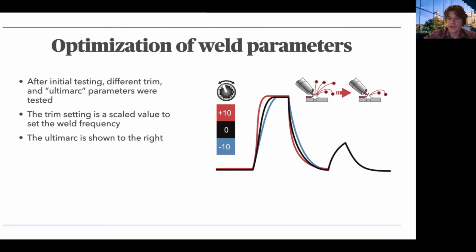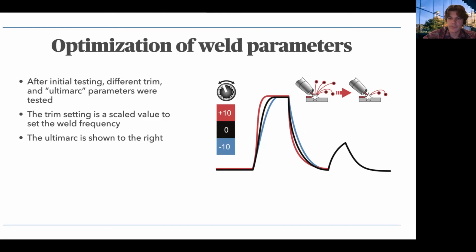And at 0, there's also a small kick at the end of the trailing edge of the peak of the wave. So the initial parameters had it set at 0. So it had the kind of medium slope, but then it had that extra kick at the end before it would reignite. So a little more of like a pulse width modulation with a lower peak in the second half.